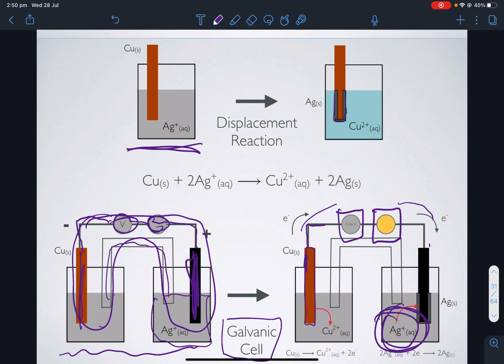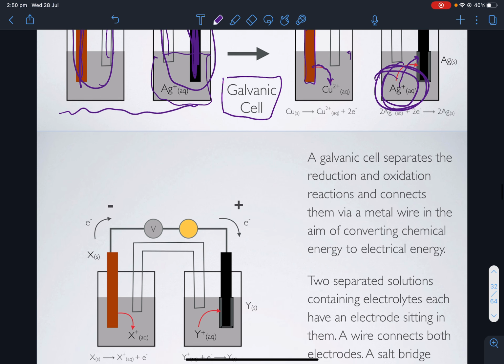So the silver is coming out and precipitating on this electrode, and the copper is being oxidized and coming into solution. So this solution, maybe I should have done it blue like this one too, made it pretty. Okay, so that's a galvanic cell, a chemical redox reaction that's separated in space but connected electrically. We're harvesting those electrons moving between them.